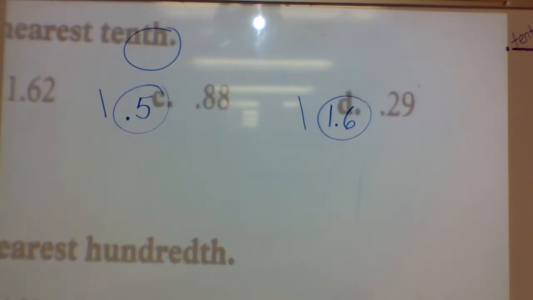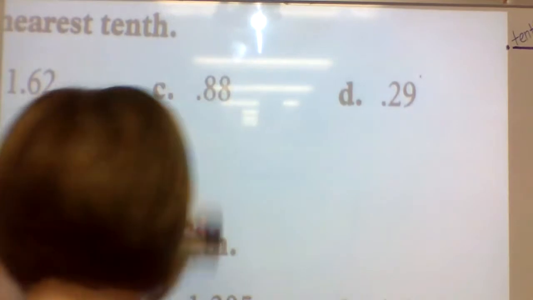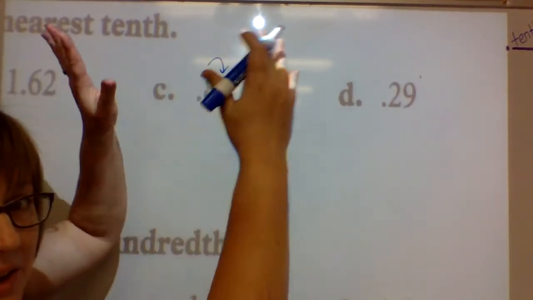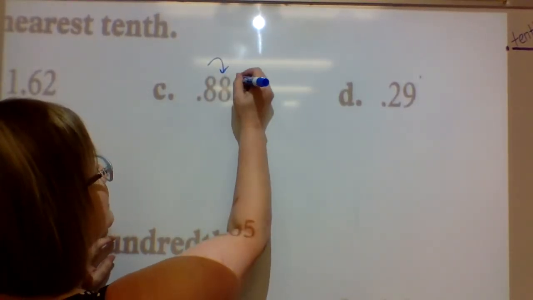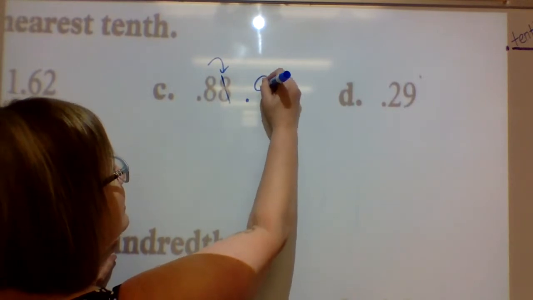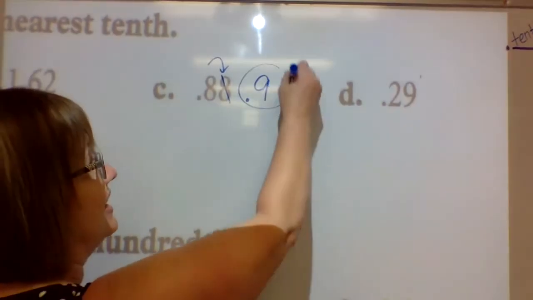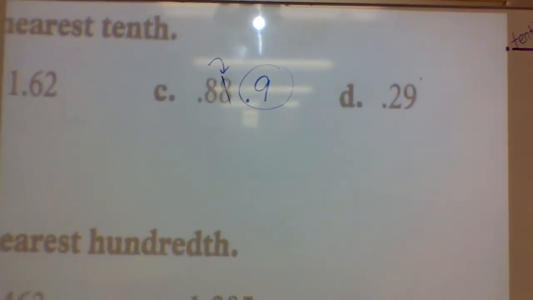I'll do C with you, and then you guys are going to do the last 2 on your own. Okay, C: look to the right. The 8 makes it go 5 and up, we round it up, right? Okay, so this is going to be 90, but we round off that 0, so it's 9 tenths. Do you see how easy that is? Okay, so you do D and E.